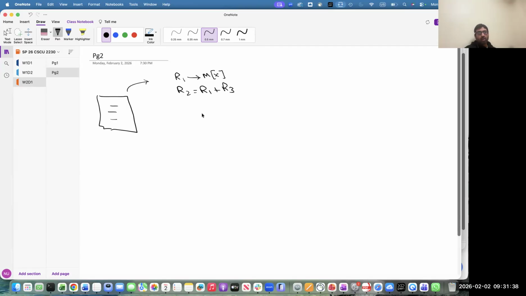Let's say the value of R1 is 10, and this CPU is connected with the memory.